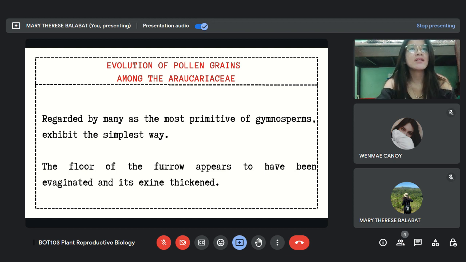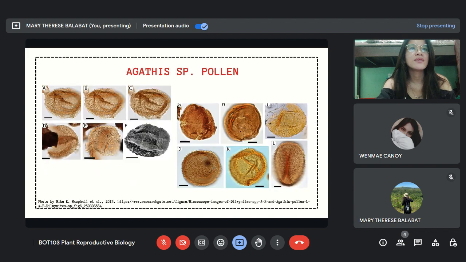So in this illustration sa agathis pollen, so the grains, as you can see here, the grains are spherical with the exine of uniform thickness throughout, so that one cannot guess that they bear any relation to one foreign grades.